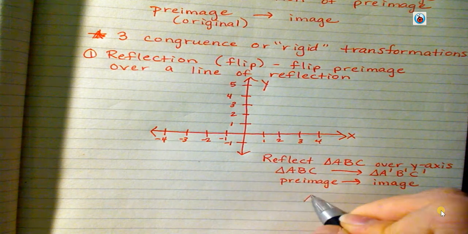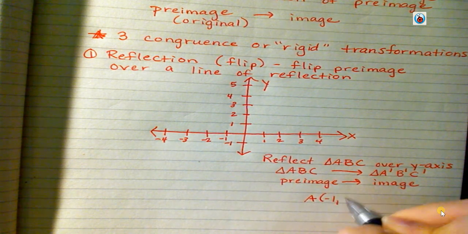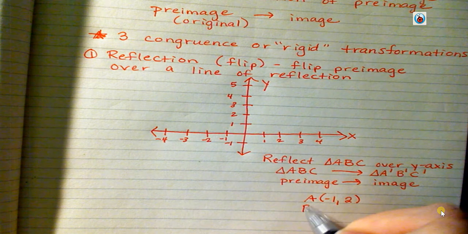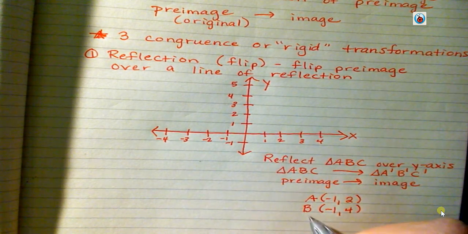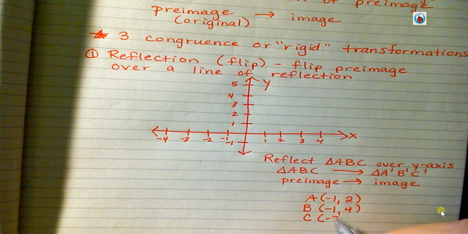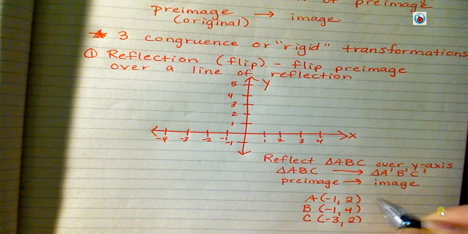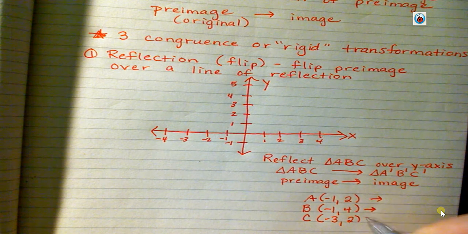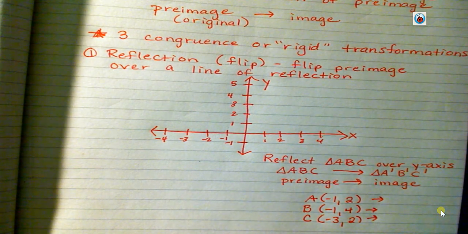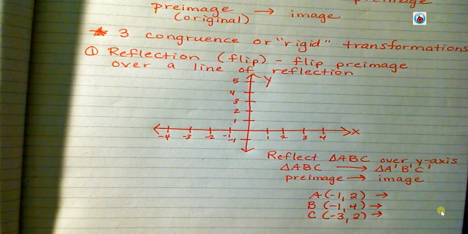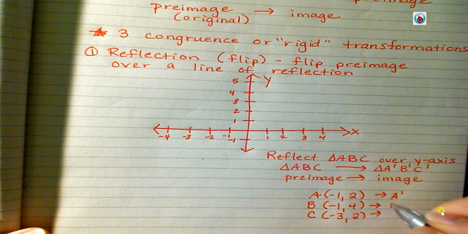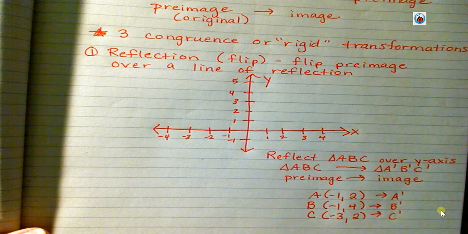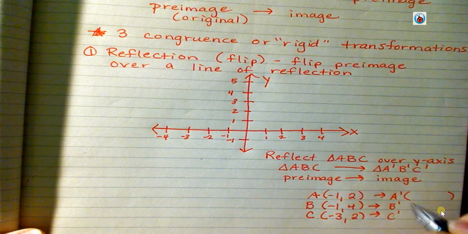So point A is located at -1, 2. Point B is located at -1, 4. And point C is located at -3, 2. We're going to create our new image by reflecting this over the y-axis. After we reflect it over the y-axis, we will label our new points A prime, B prime, C prime on our graph, and we will write down what those points are right here.